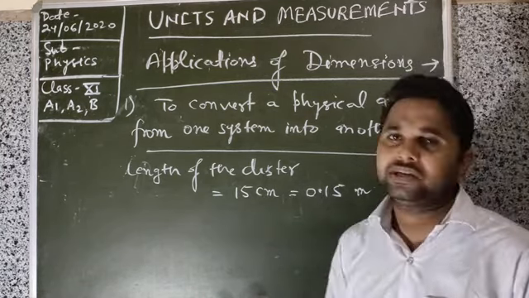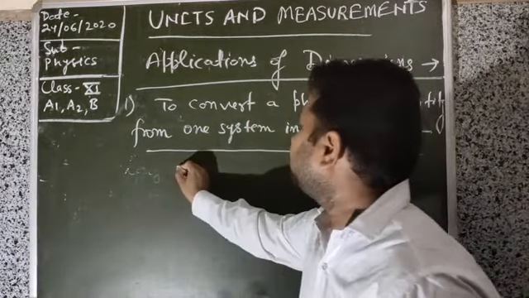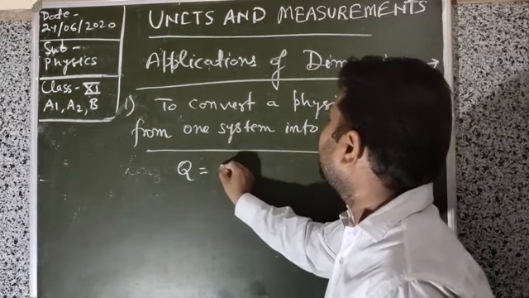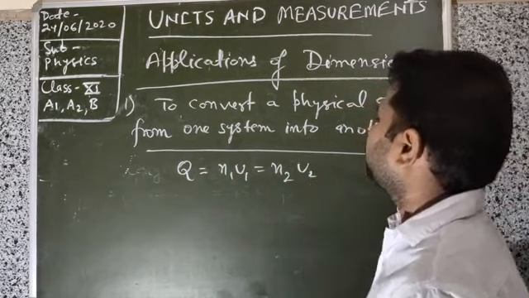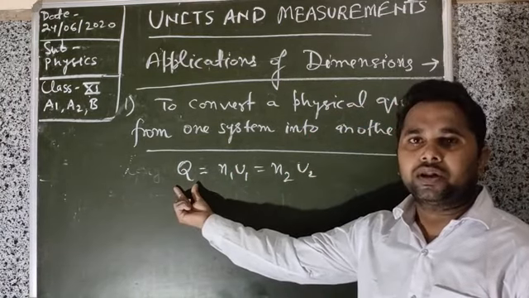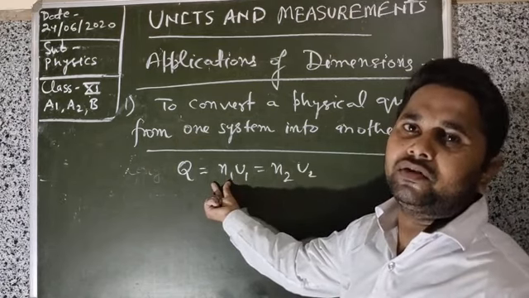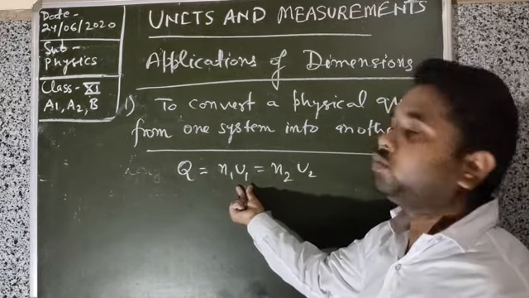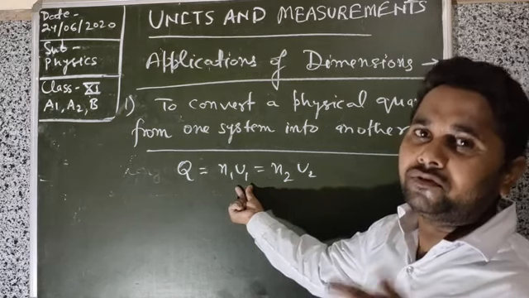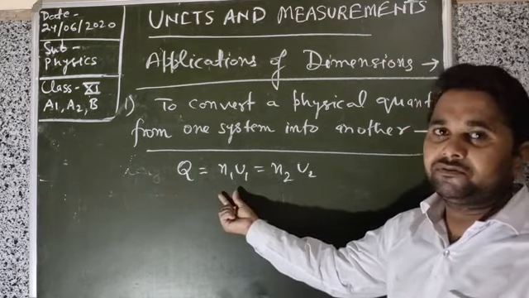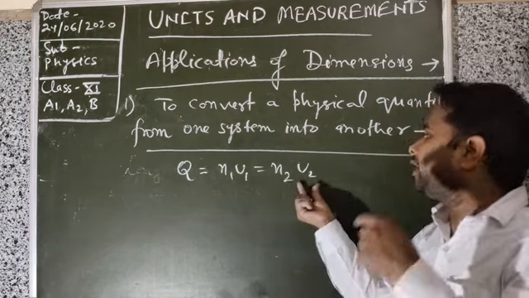For this example, you can give the general relation Q equals N1 U1 equals N2 U2. Here, Q is the quantity, N1 is the numerical value of the given physical quantity in the first system of unit, U1 is the unit in the first system, like in the last example it was 15 and this is centimeter, equals N2 U2.